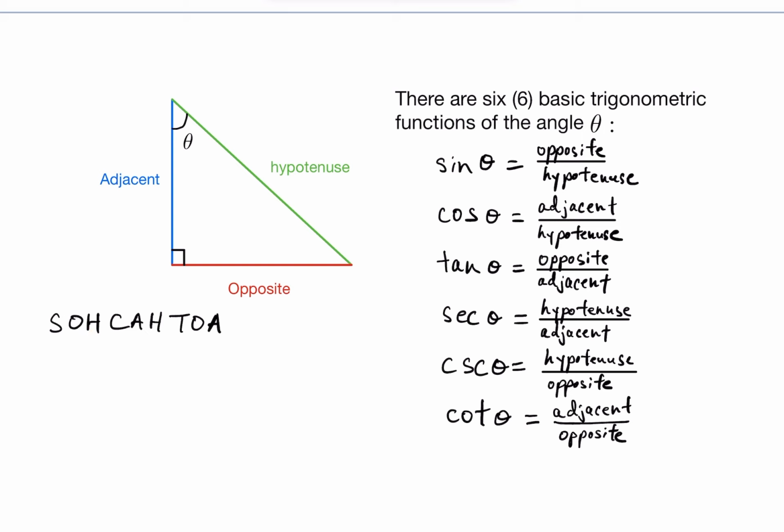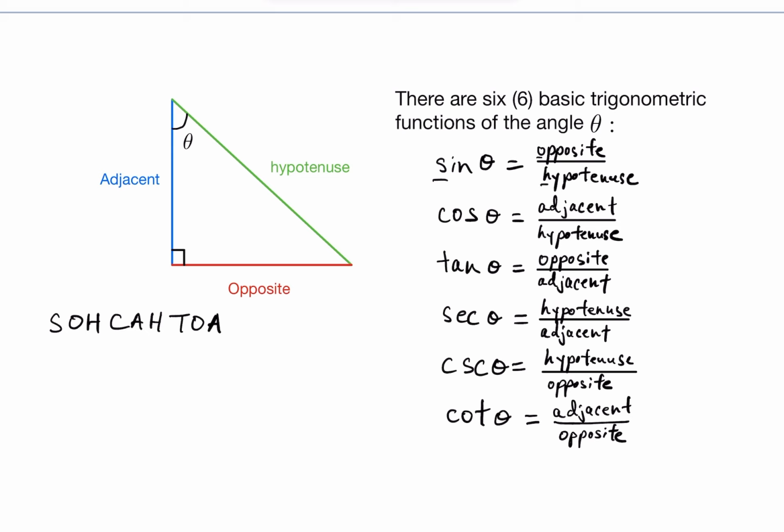Opposite over hypotenuse, OH. Okay, this next one, the cosine, C, starts with the letter C, is equal to the adjacent over hypotenuse. So notice it's the first letter of each of these words.